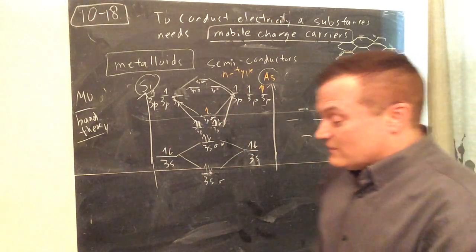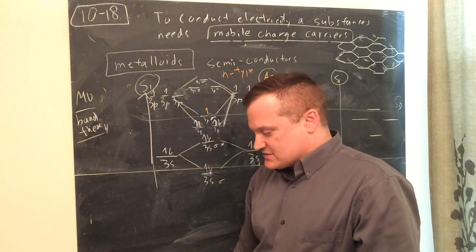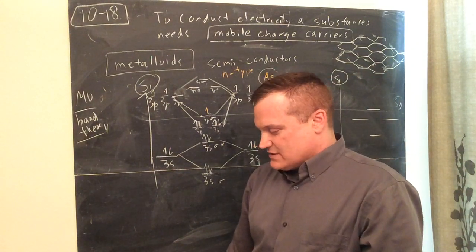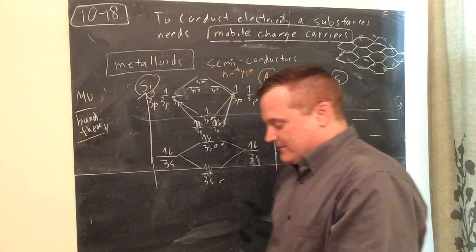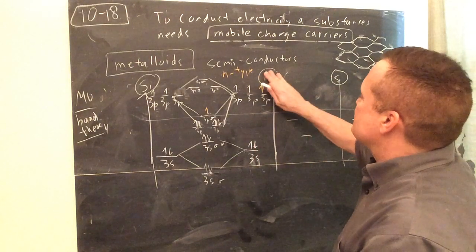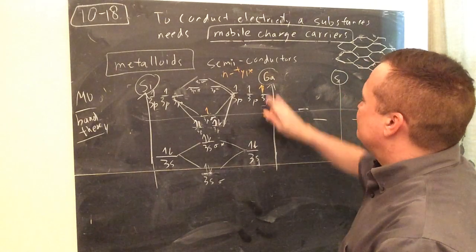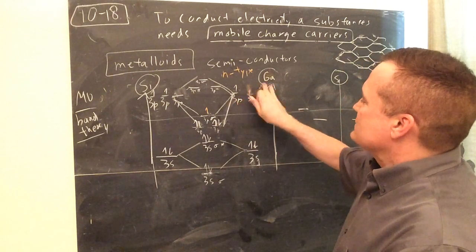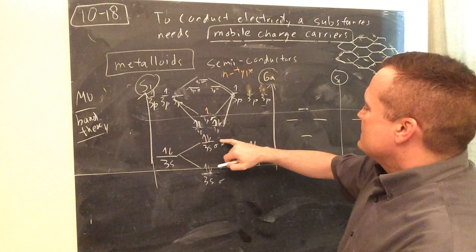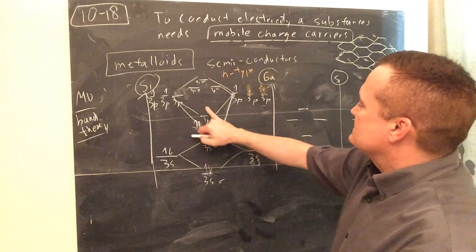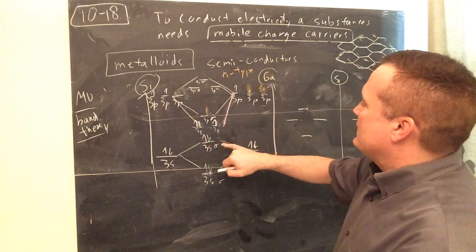A positive one, a P-type, would be adding something like gallium. It doesn't have to be a metalloid, but gallium has only three valence electrons, so it has one less electron. So 1, 2, 3 is all we have.